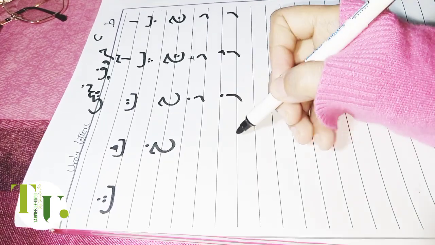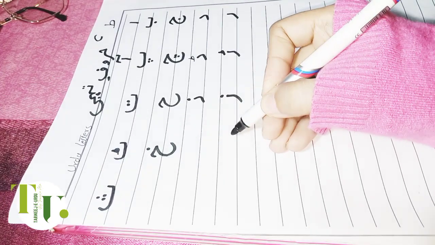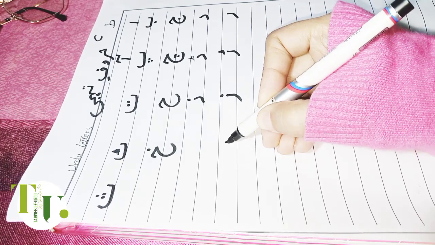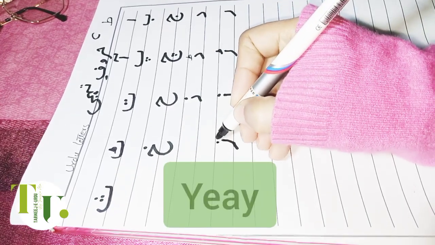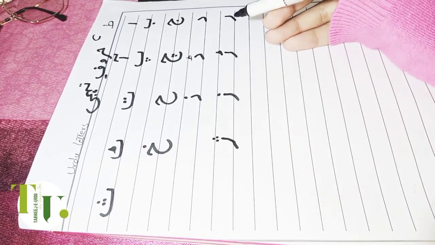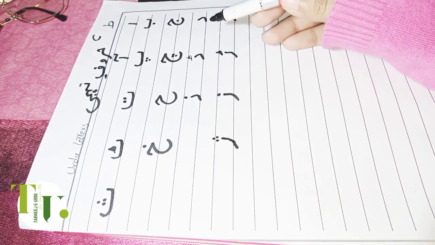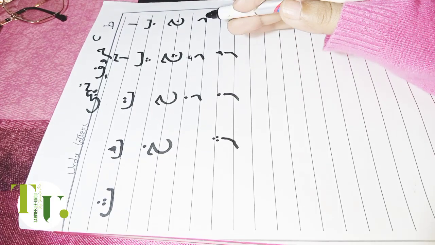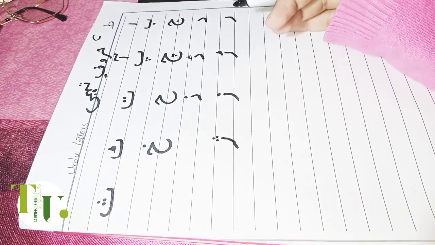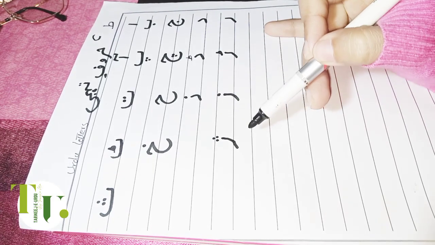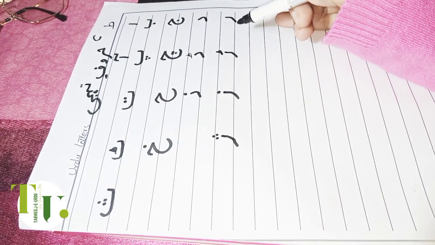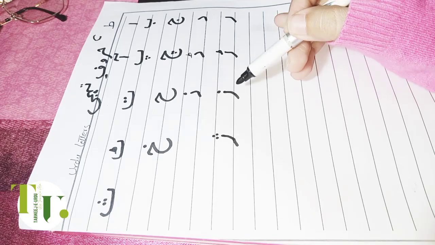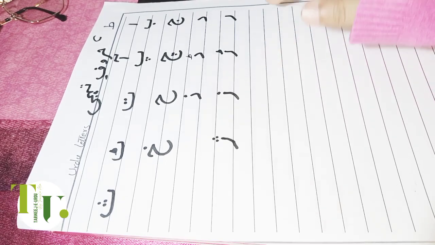Then we have J. J has 3 dots at the top of the shape, and you can see the difference. Dal and zal are just on the line, and it's a family of 3 letters, but Re, Ze, J is a family of 4 letters, and these letters should cross the line a little bit.